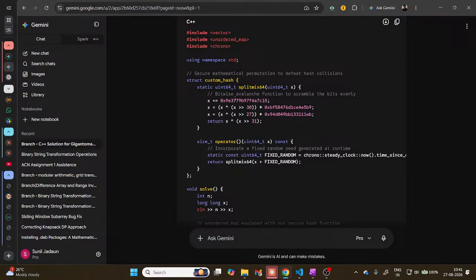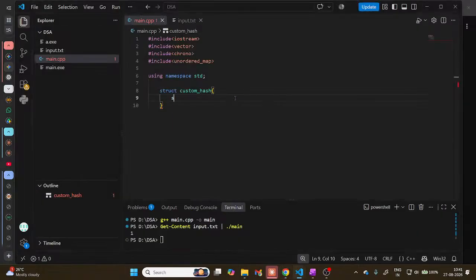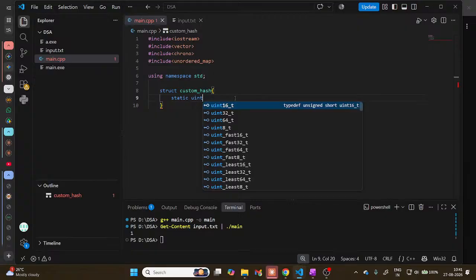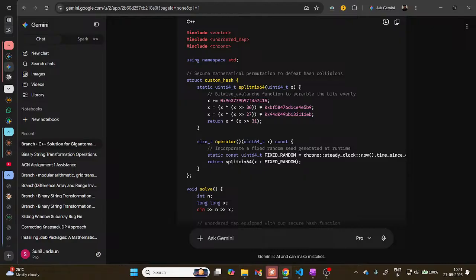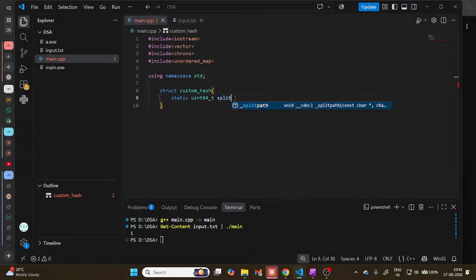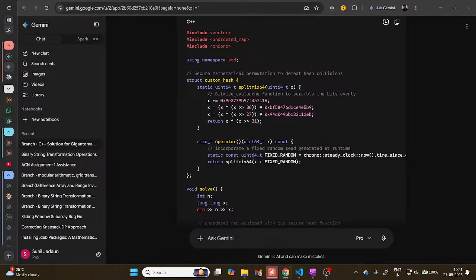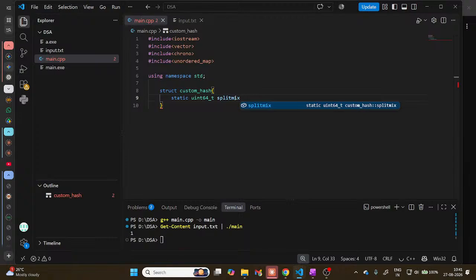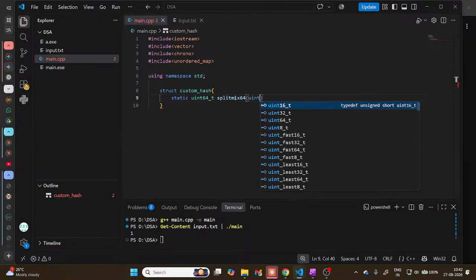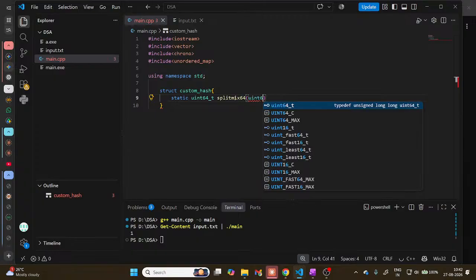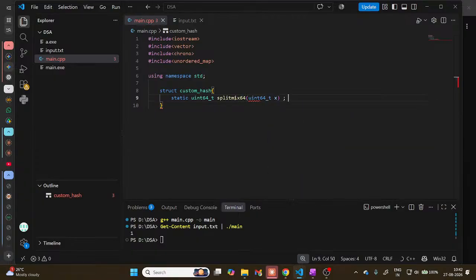a static unsigned int 64t. Right? This is the splitmix64. Okay, splitmix64, and a const unsigned int 64t x.